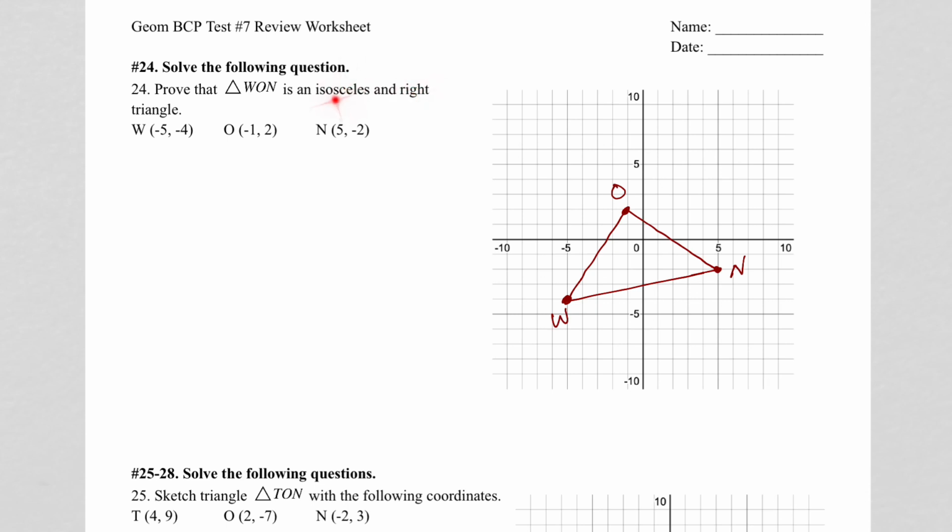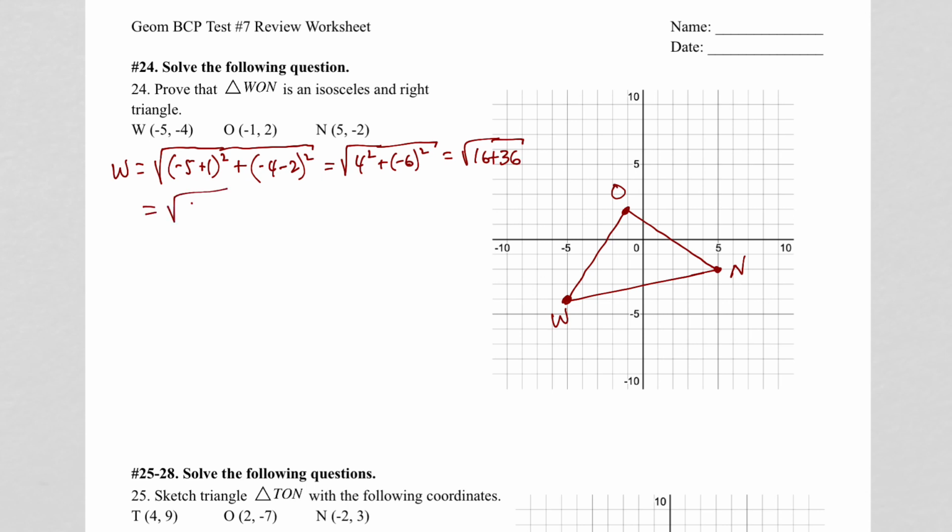So let's do the isosceles part first. That means that we need to show that the length of this is equal to the length of this. So let's find the length of WO. WO is the square root of the difference of the x's. -5 minus -1 is -4 squared plus the difference of the y's. -4 minus 2 squared, which is equal to the square root of 4 squared plus -6 squared, which is equal to the square root of 16 plus 36, which is equal to the square root of 52.